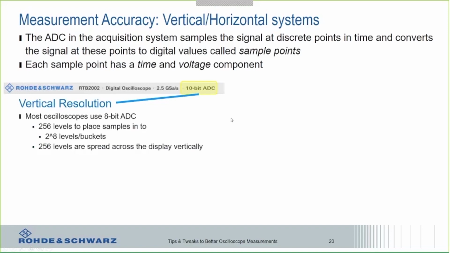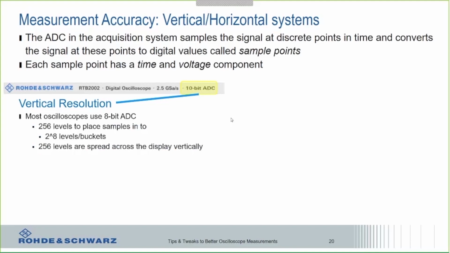So when I talk about vertical resolution, you'll often hear it talked about in bits. Most oscilloscopes use 8-bit ADCs. Some oscilloscopes will use more than that. But essentially what that's talking about is how many levels or buckets the ADC has to put the signal that they just sampled into.